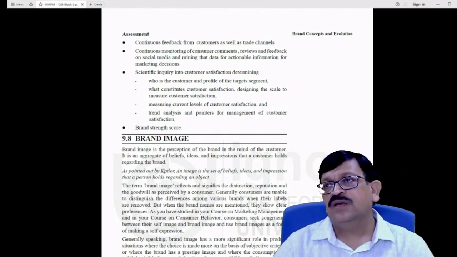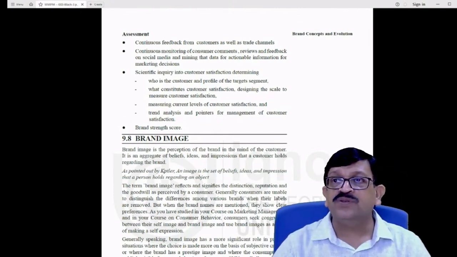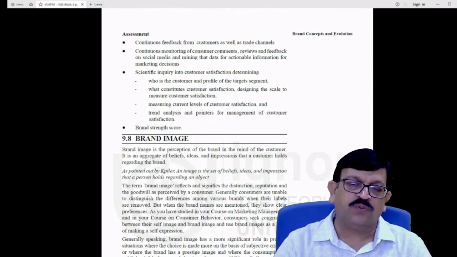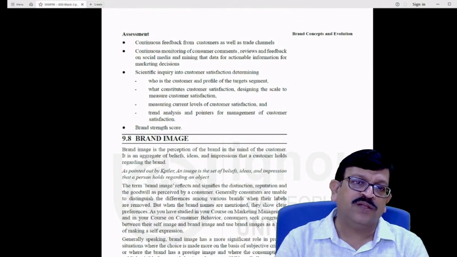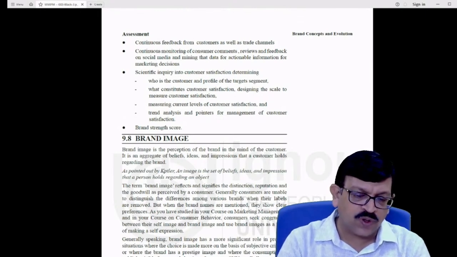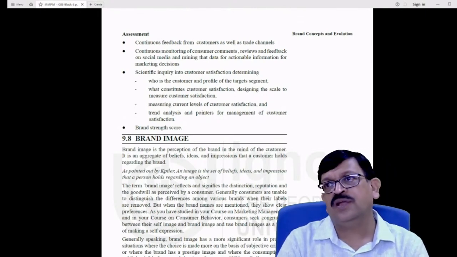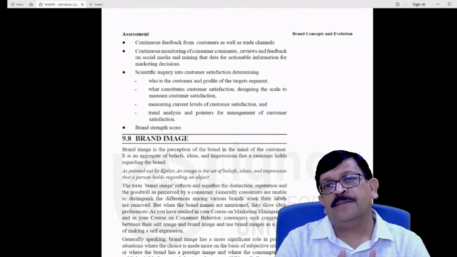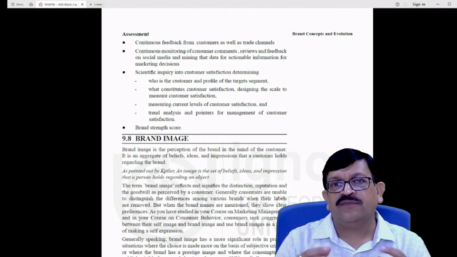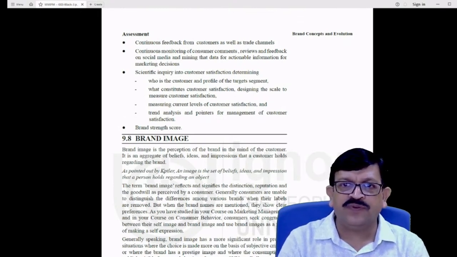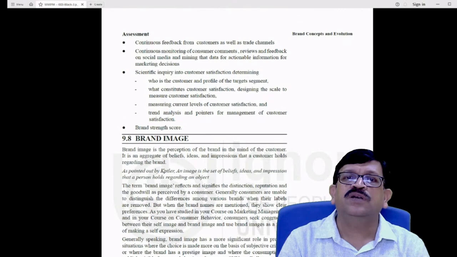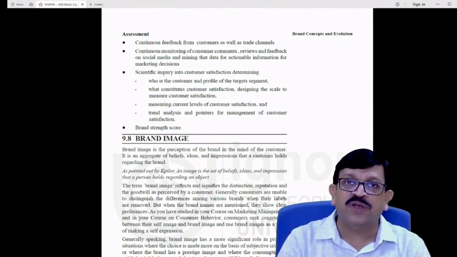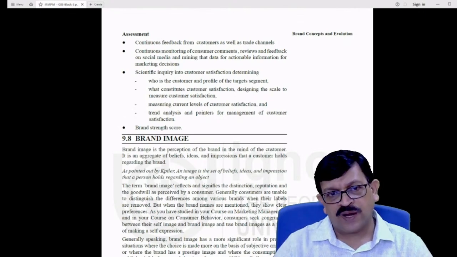So we talk about the brand resonance pyramid, where the focus is on building the brand in such a manner that customer engagement is not only at a functional level, but at a much higher level, where they feel the image fits their requirements, and there's a very high degree of engagement or association with the brand.